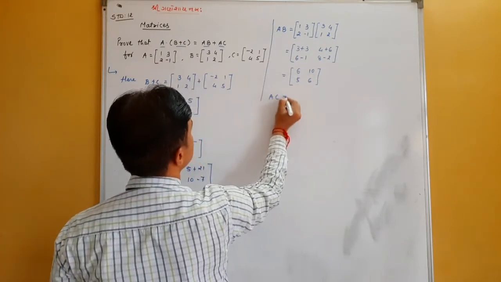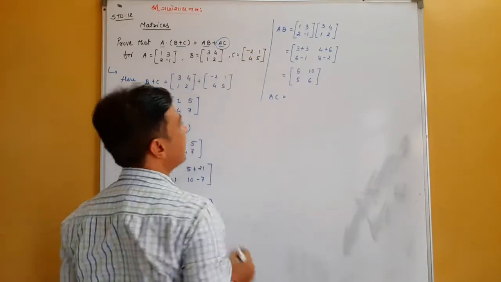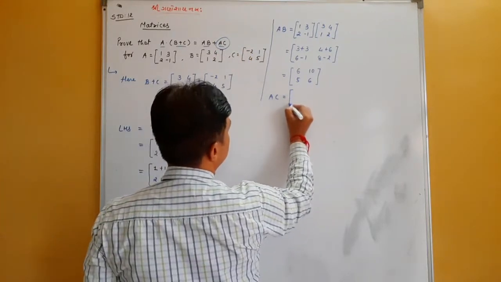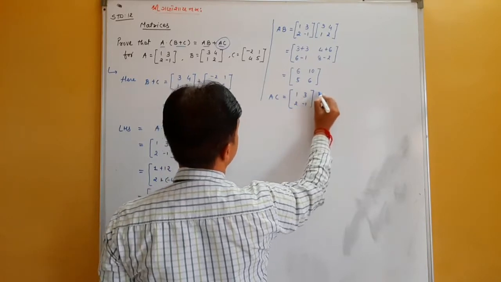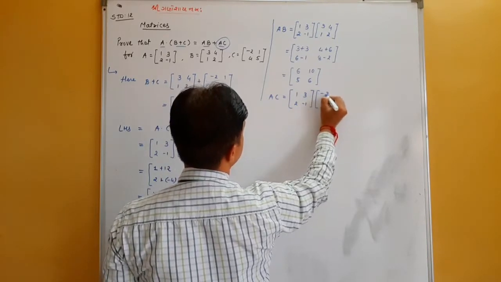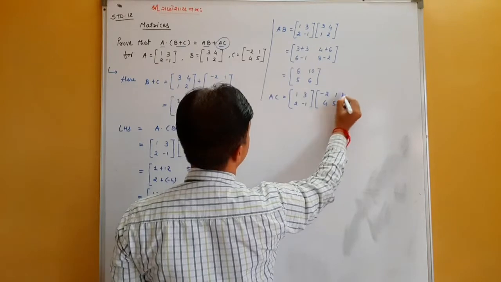Now for AC, this one: matrix A is 1, 3, 2 minus 1 and C is minus 2, 1, 4, 5.